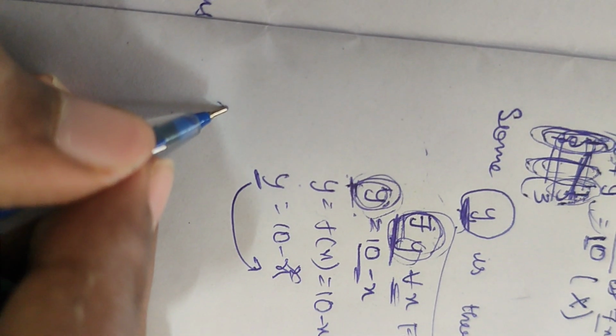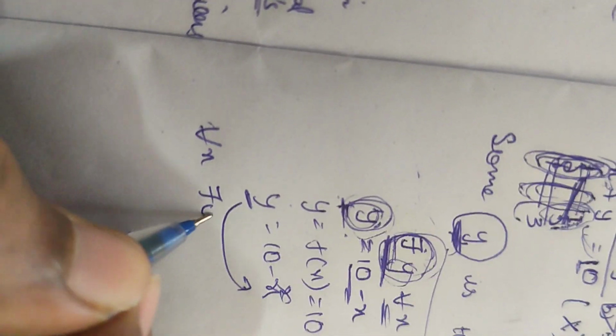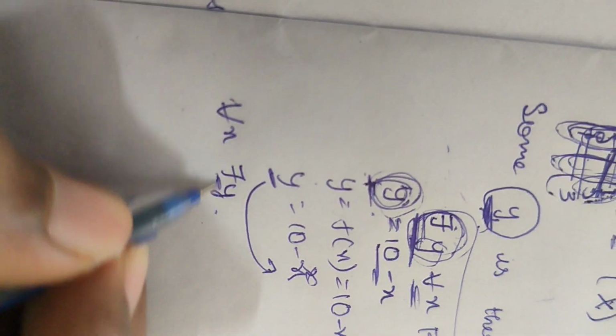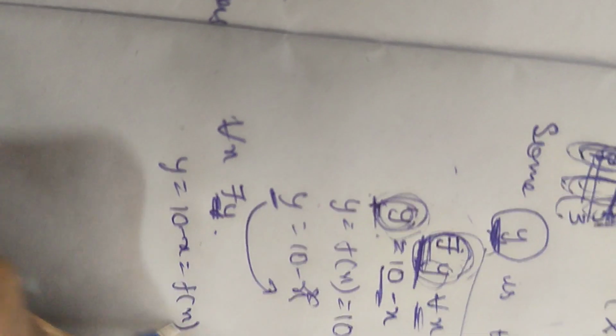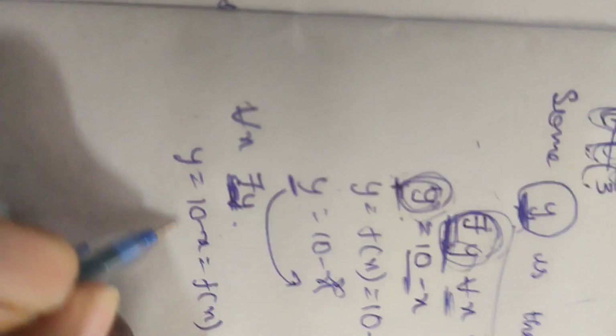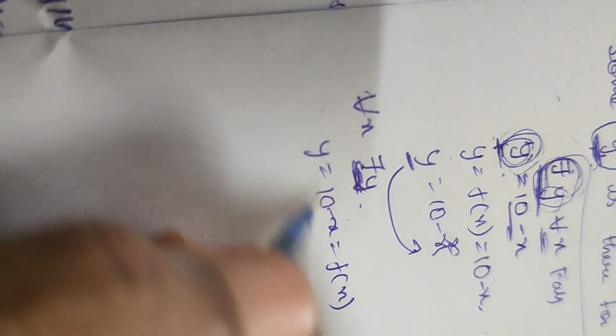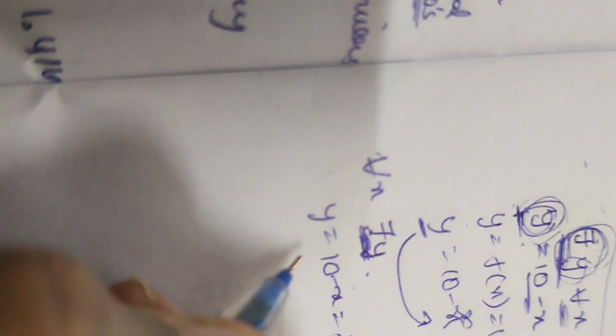Now we say for all x there exists y. There exists is for y, so y is equal to 10 minus x. It is f of x. But it is inside, so we should check whether it is in domain by keeping values. Finding a contradiction means, is there any contradiction for this one such that y is not in domain?